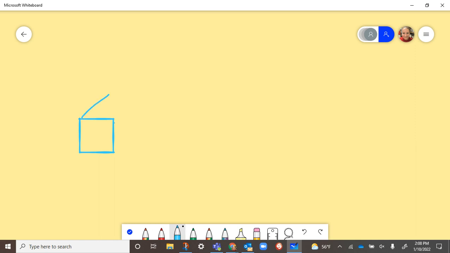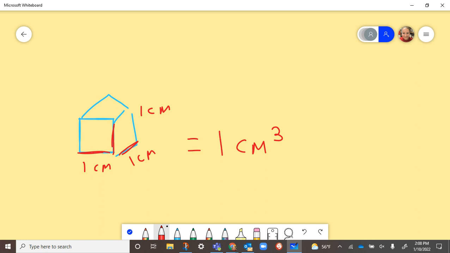It looks like this, let's say something like that. So from here to here, this is 1 centimeter. From here to here, this is 1 centimeter. And from here to here, this is 1 centimeter. And so this equals 1 cubic centimeter. And we write it like that.